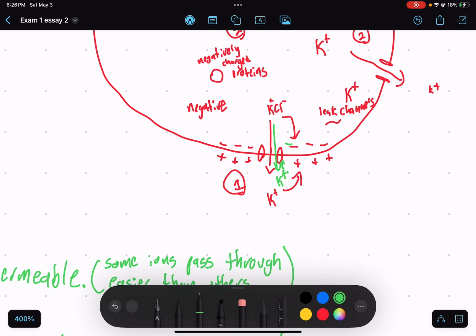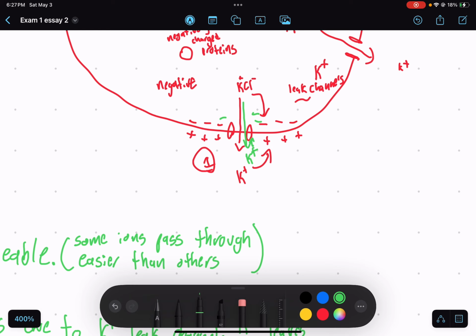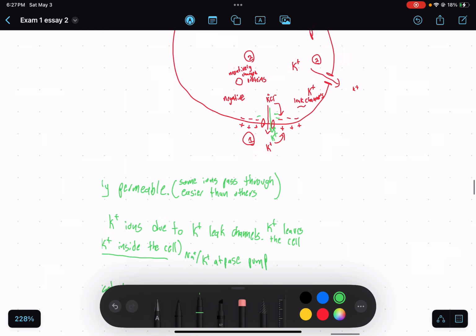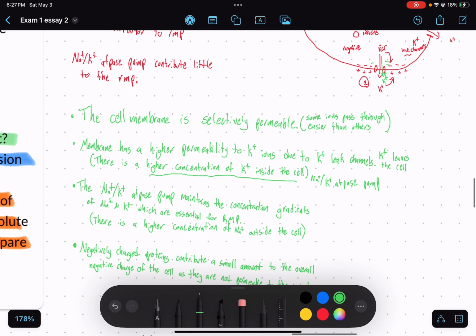So it's going to fight itself a little bit, which is why it doesn't continually get more negative, like negative 100 inside the cell. That is because that electrical gradient, once it gets strong enough, fights the concentration gradient as well.